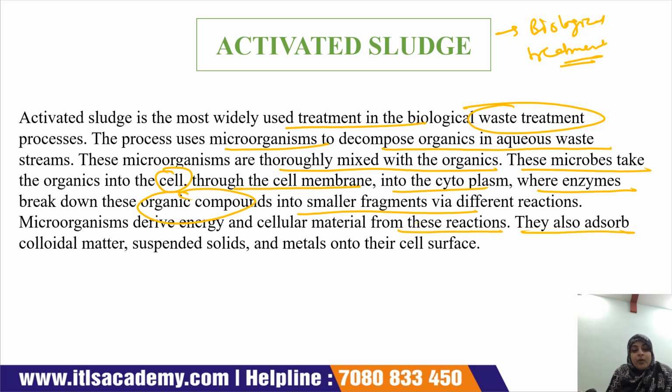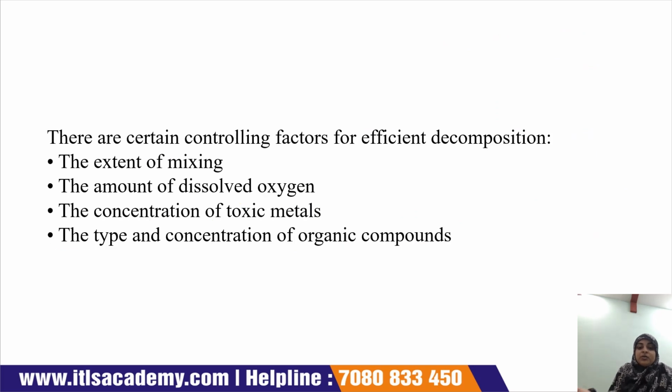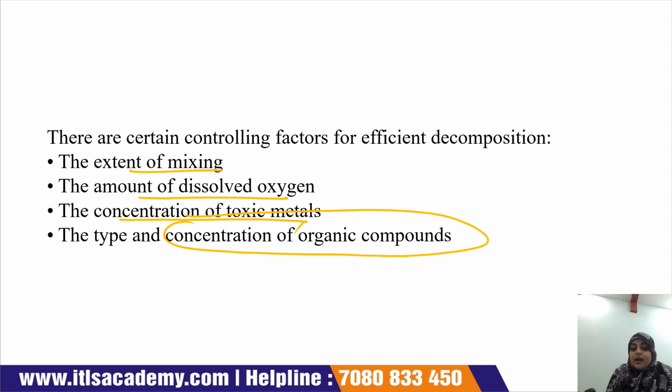They also absorb colloidal material, suspended solids, and metals on their cell surfaces. There are certain controlling factors for efficient decomposition, like extent of mixing, amount of dissolved oxygen, concentration of toxic metals, and the type and concentration of the organic compound.